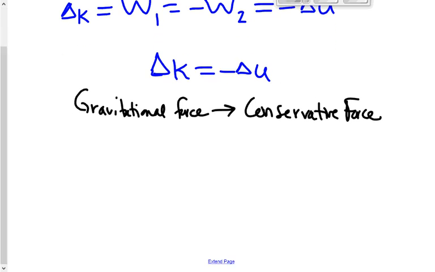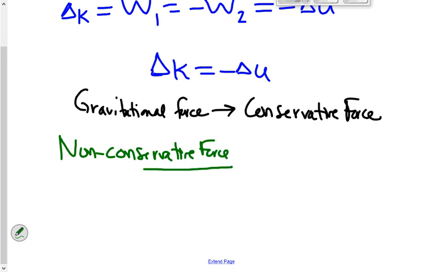What's the other kind of force? Non-conservative force. So for a non-conservative force, that change in kinetic energy is not going to be equal to the negative of the change in potential energy.